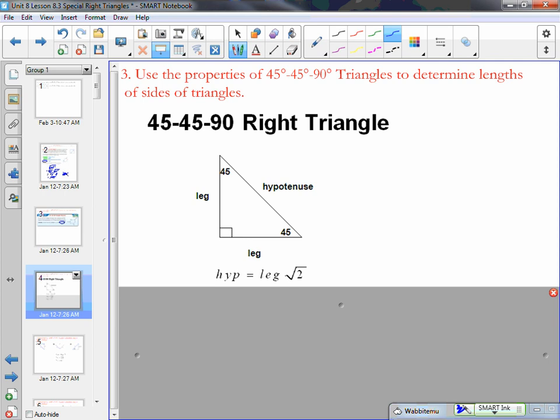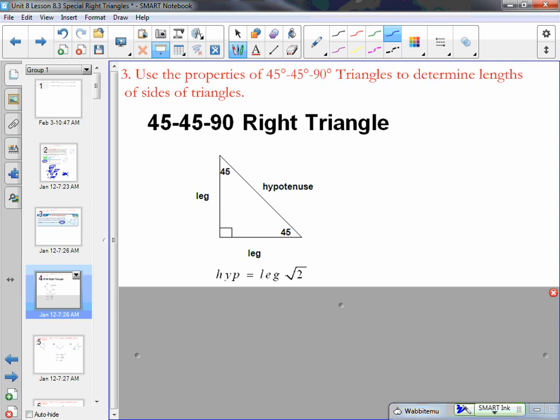Now, if you've got that, but instead of having a formula to find the hypotenuse, what if you know the hypotenuse and you're trying to find the leg? So we can make this into a formula to find the length of the leg. Since that's an equation, can't I divide both sides by the square root of 2?